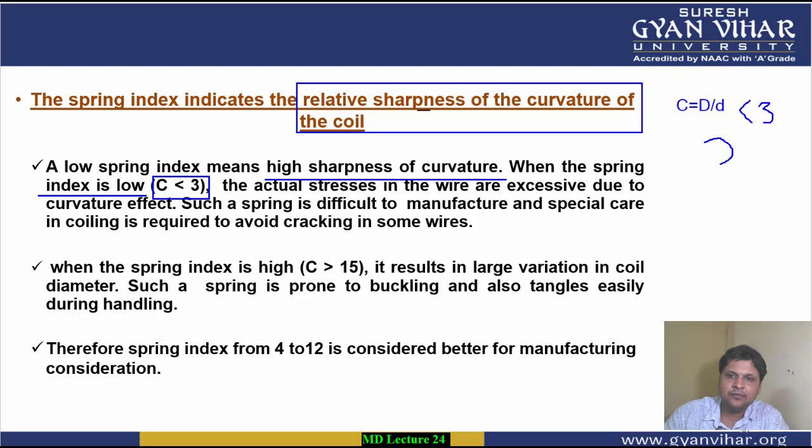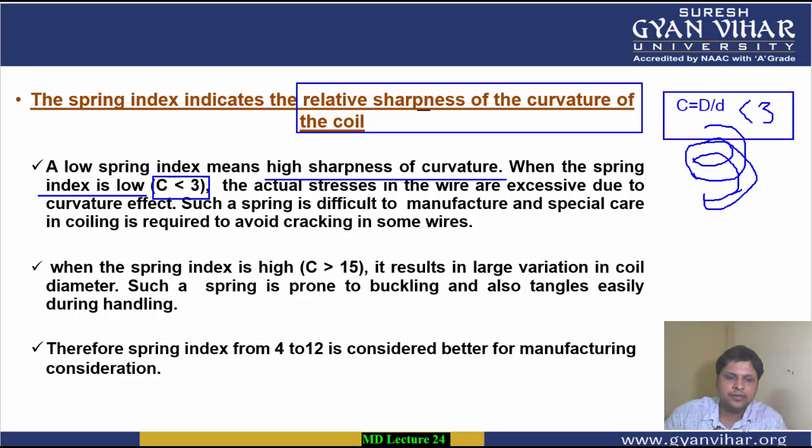This can happen when the coils are made very close to each other and the wire used to make the coils of the spring is very thick. So what will happen? You can see that too much stress is acting on the wire of the spring, which means there is high sharpness of curvature when the value of the spring index is smaller than 3.